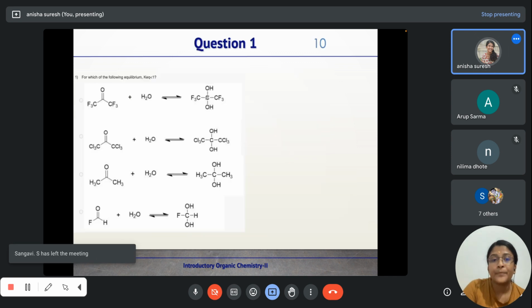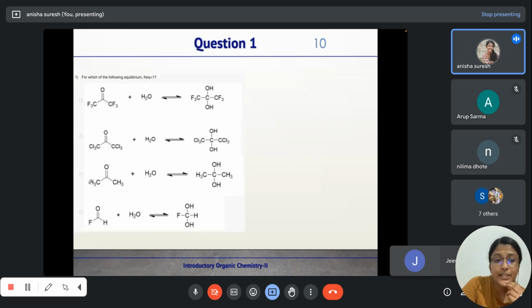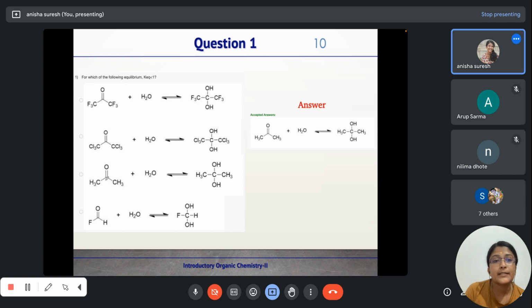So that is why in this case CH3, which is an alkyl substituent that is electron donating by inductive effect, will result in a decrease of the electrophilic nature of the carbonyl carbon, and hence decrease the reactivity of that carbonyl carbon. That is why this compound will have an equilibrium constant less than 1. In all other cases, CF3 is an electron withdrawing group, CCl3 is an electron withdrawing group, fluorine is an electron withdrawing group.